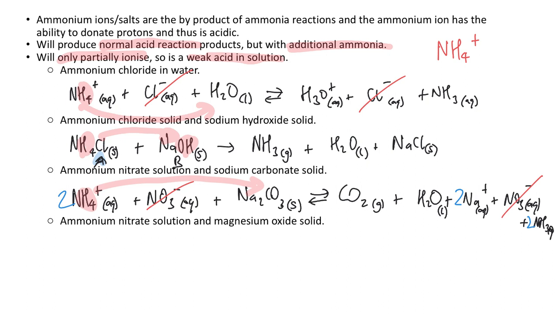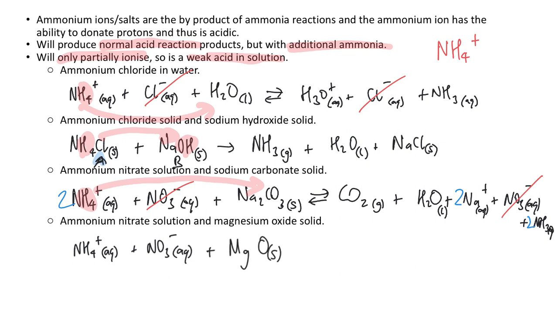All right, and then finally, let's have a look, ammonium nitrate solution with magnesium oxide solid. Okay, so again, ammonium nitrate. We'll split this up because this is an ionic substance, and then it splits apart, and then the NH4 is the weak acid part. Okay, plus magnesium oxide solid.